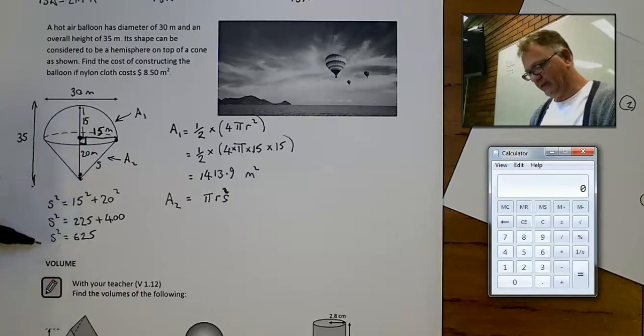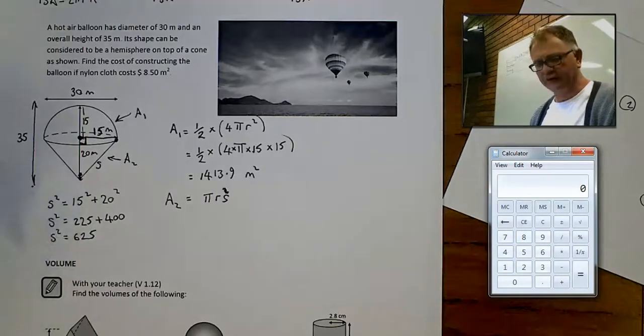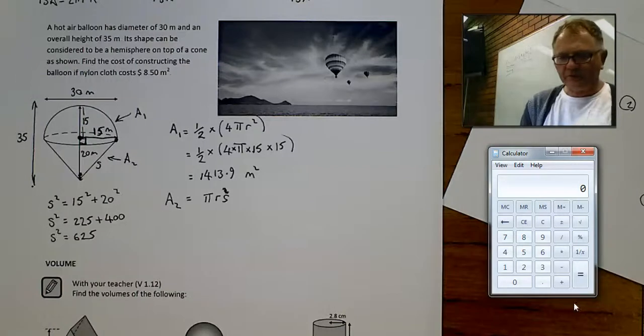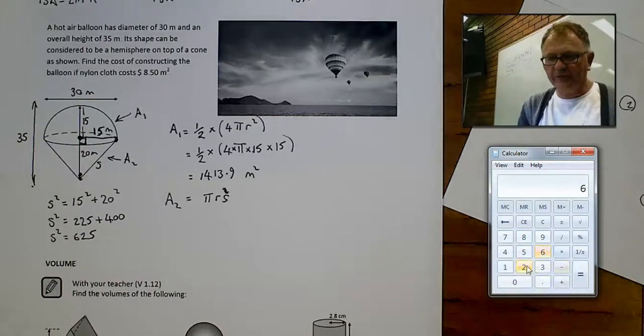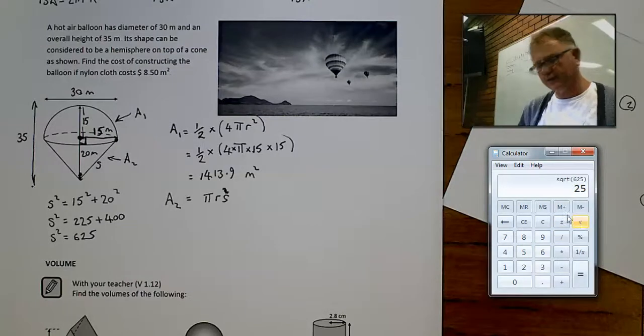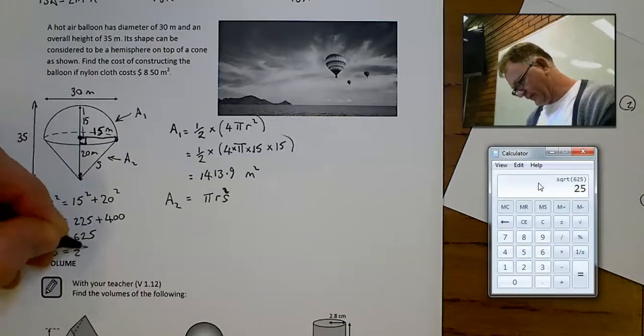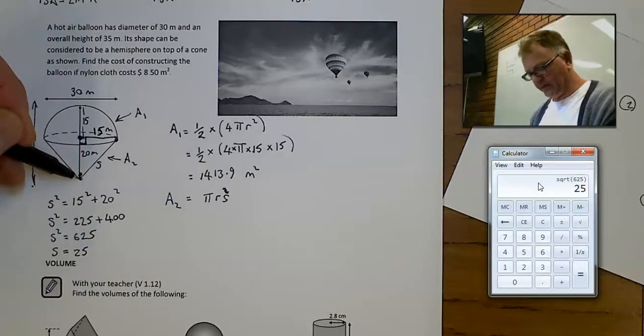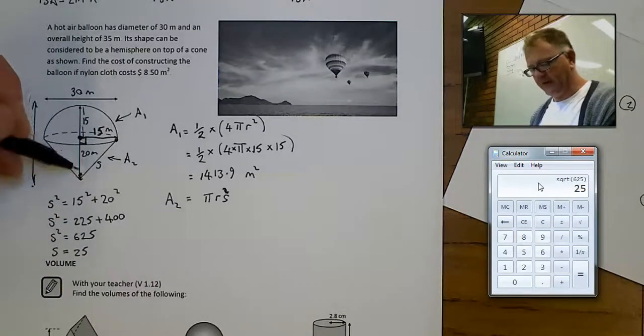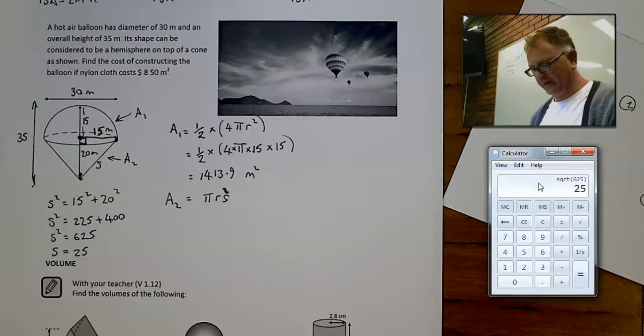To find s you take the square root of 625. Better just do it here to make sure. 625 square rooted equals 25. That worked out nice and easily. So the height of the cone measured on the slant from the apex to the edge is 25 metres.